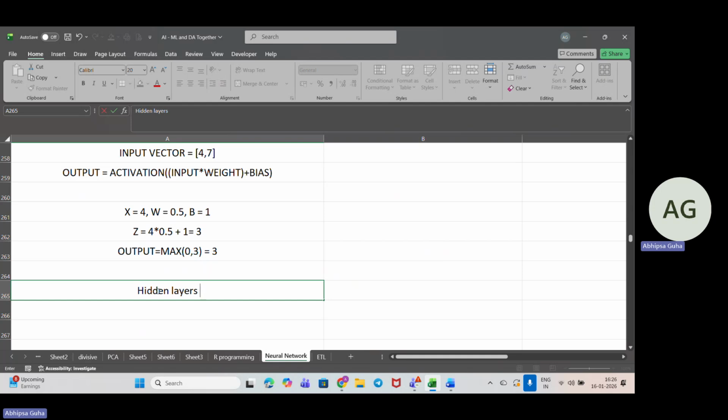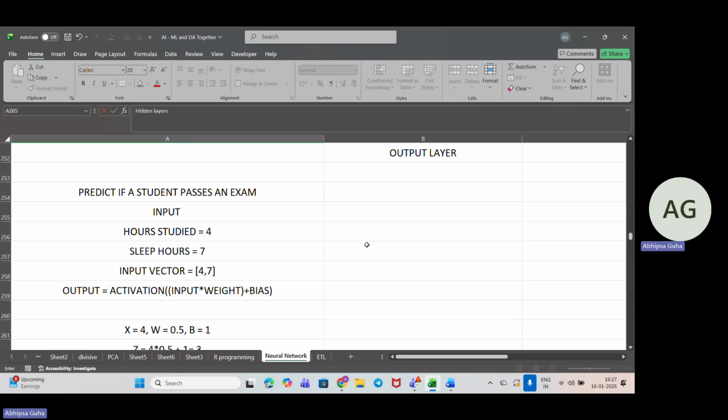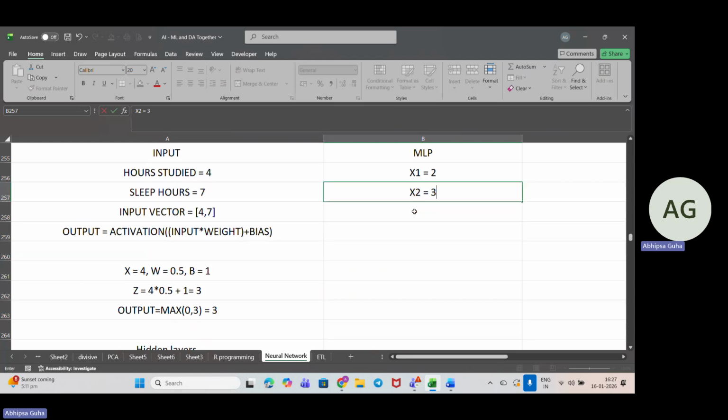Now let's take a small MLP, a multi-layer perceptron, numerically so that we have an idea. Suppose x1 equals 2 and x2 equals 3.